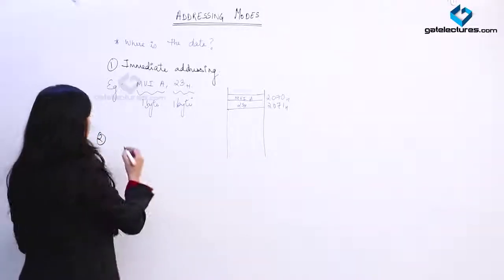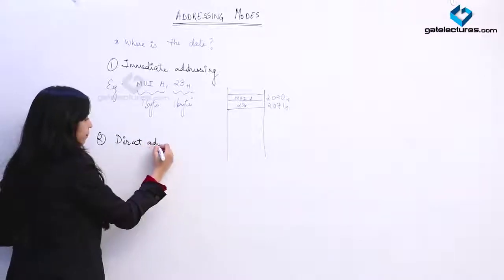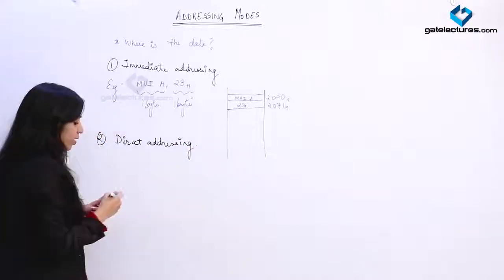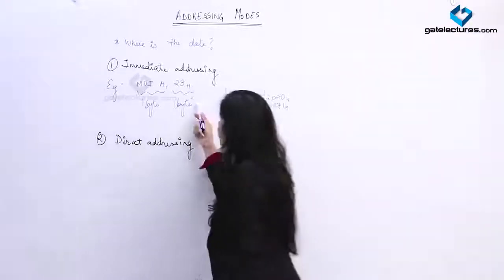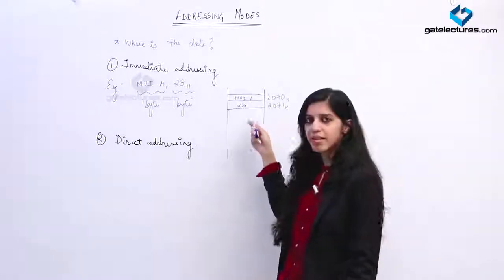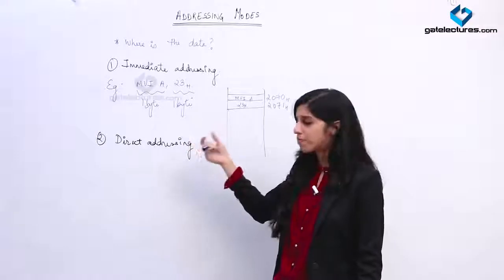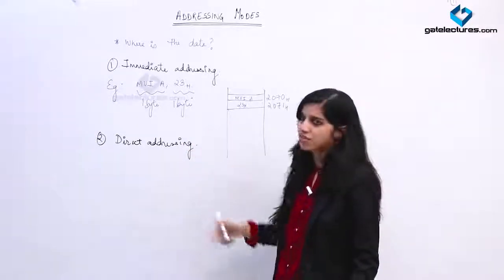The next addressing mode is direct addressing. Here in immediate addressing the data was located in the immediate next memory location. What happens in direct addressing is, you give the memory location of the data, the address of the data, directly in the instruction.